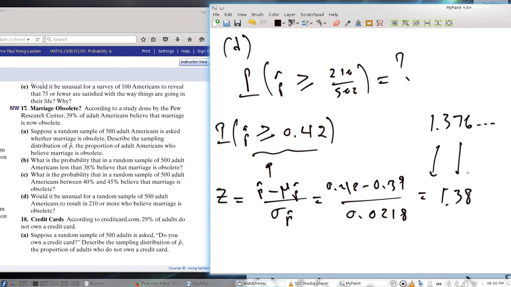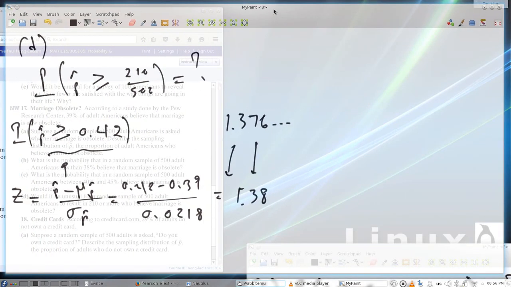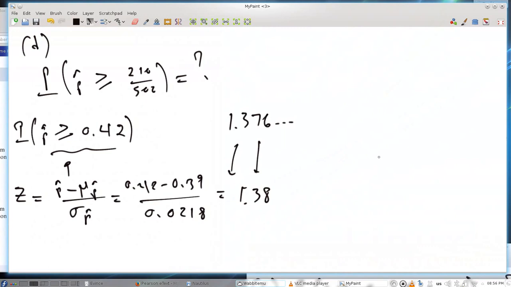So I'm going to round it off, right? And you can see this is quite straightforward again with a single number. So this is written as z greater than 1.38, and the curve looks like this.